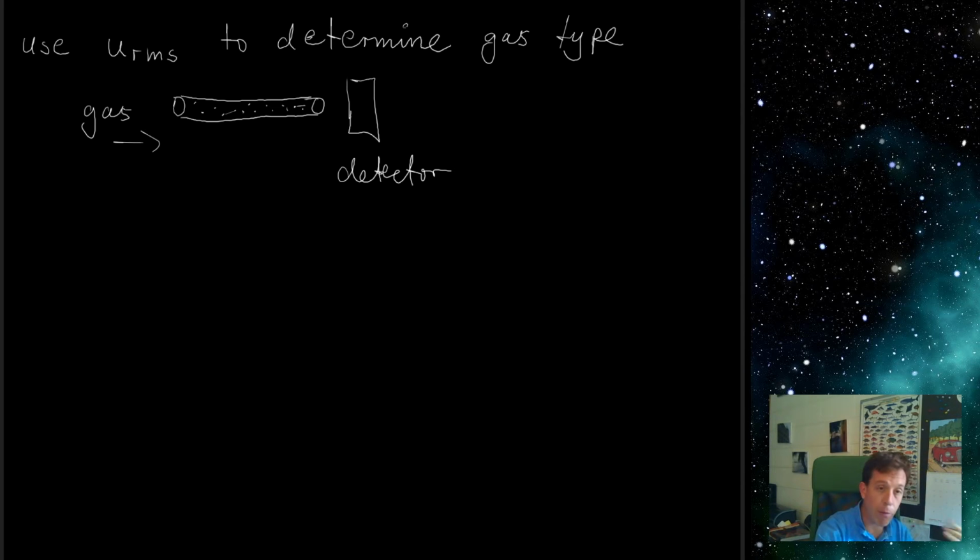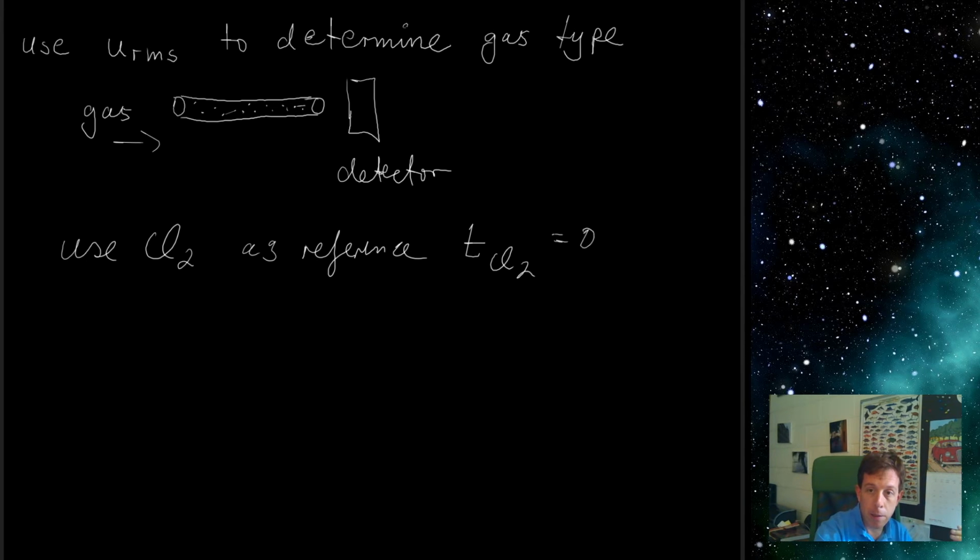So if we, for example, use chlorine gas as a reference, and let's say we do this experiment and find that the time for chlorine to come out is 0.885 minutes.